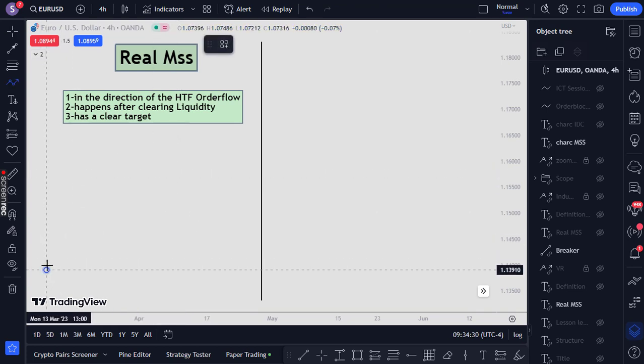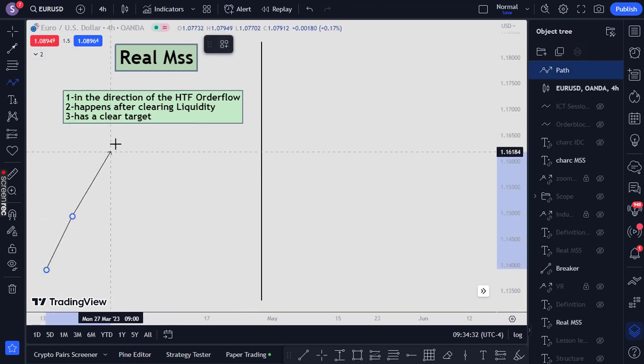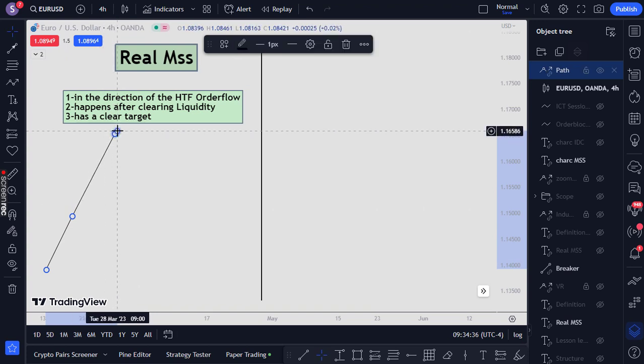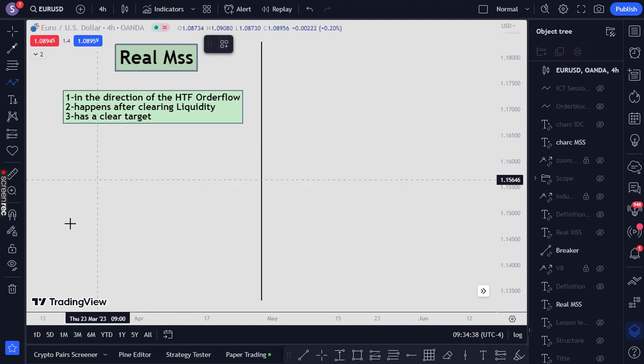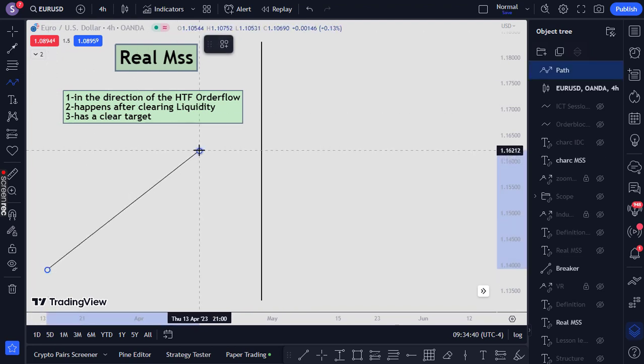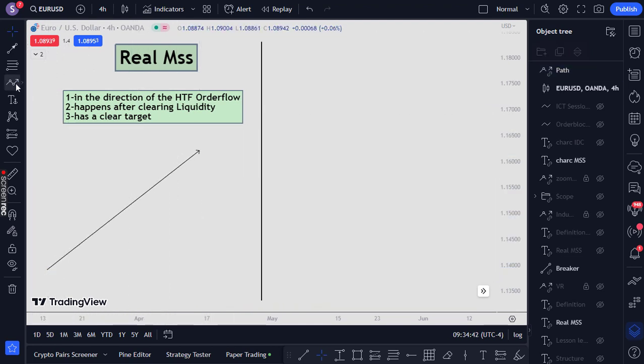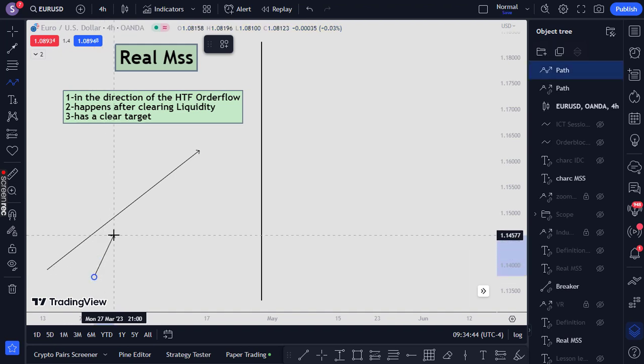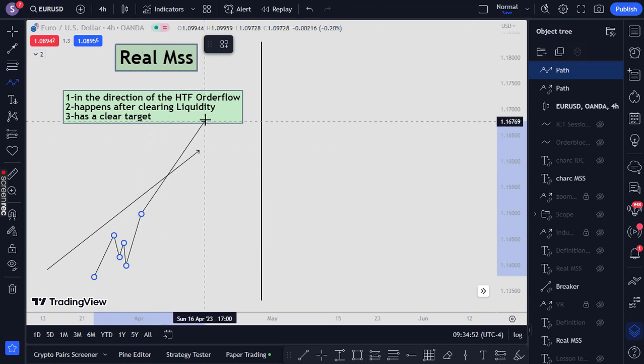For example, let's say that the market is bullish, and a displacement will happen like this. An inducement happens right here, and then a big displacement. This displacement happened in the direction of the higher time frame order flow.